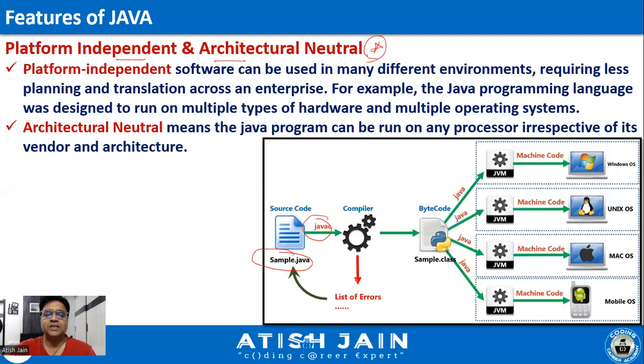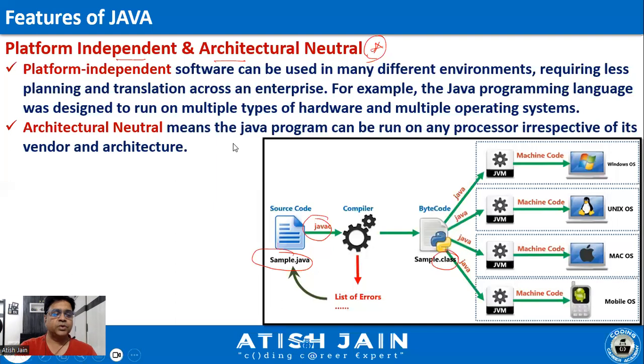If there are any errors, we'll rectify them, and we keep on rectifying those errors till the program is error free. Once the program is error free, the compiler will produce bytecode and that will be saved in a file having extension .class. Bytecode is known as intermediary code. It is neither the source code nor the machine code. Means it is not understood by human beings as well as it is not understood by your computer system also.